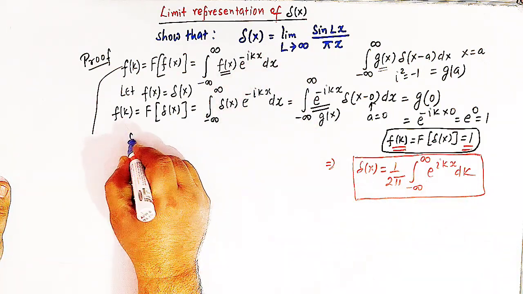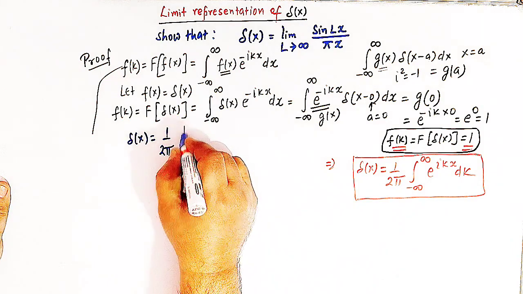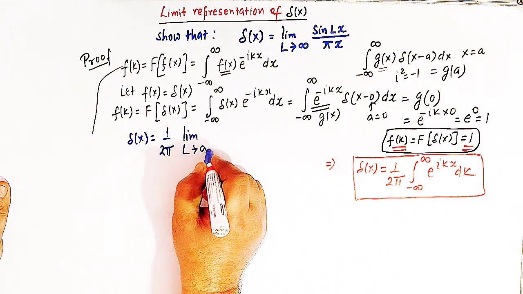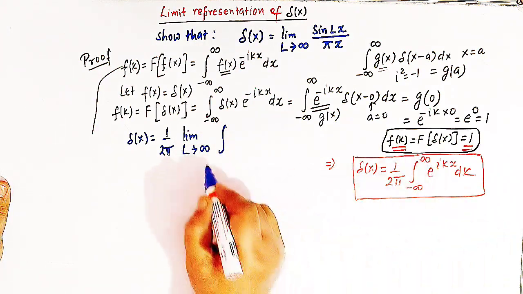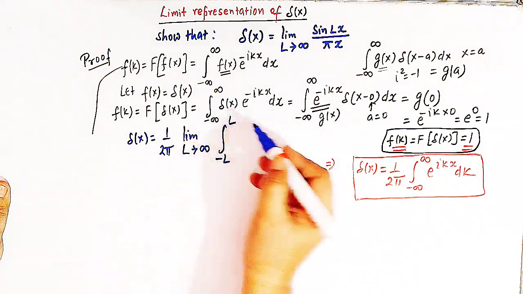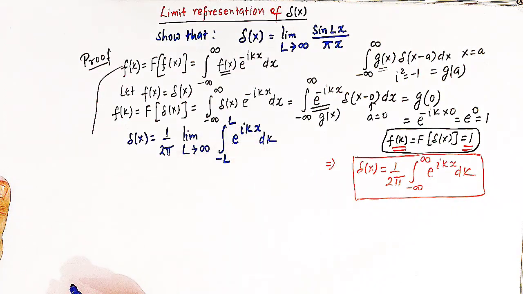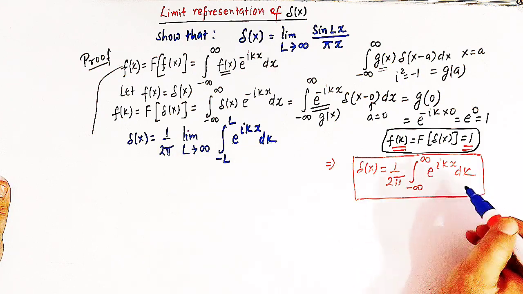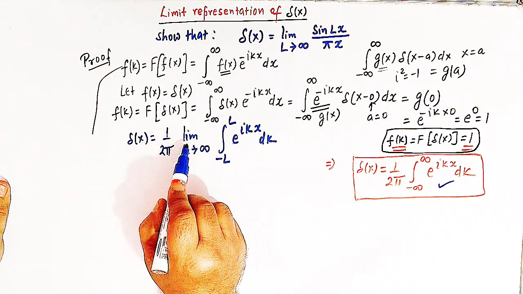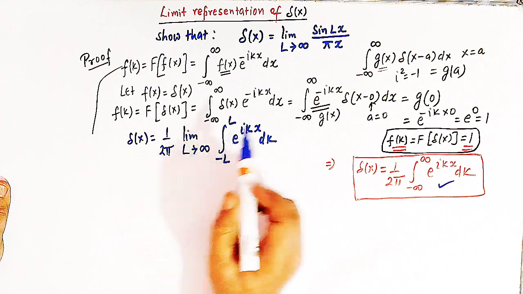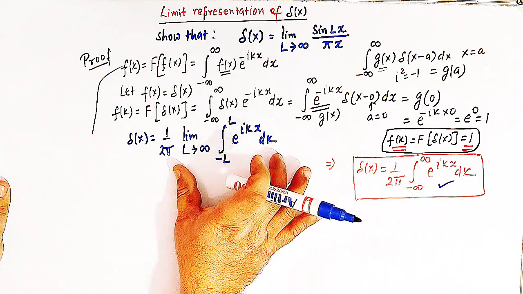That is, we can write delta of x is equal to 1 over 2 pi, and this integral can be written as limit L tends to infinity, and we can now write the lower limit and the upper limit as minus L to L, and here we have e raised to ikx, and here we have dk, right?